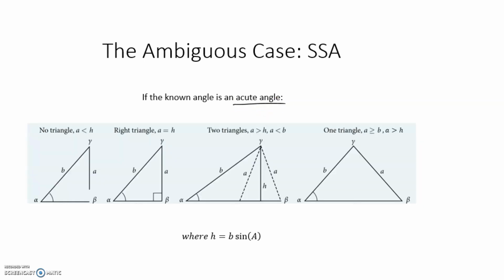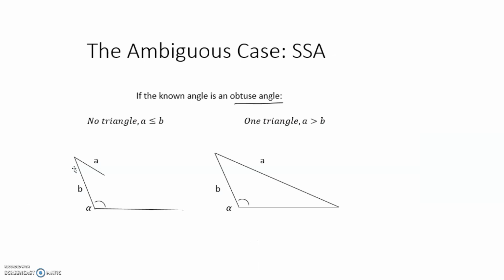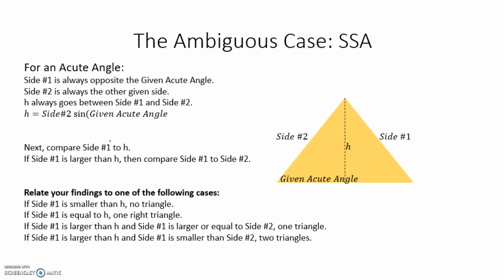So the acute angle has the three options: no triangle, one triangle, or two triangles. The obtuse angle has only two options. It's either no triangle or one triangle. And you will get this list right here for the acute and for the obtuse angle.